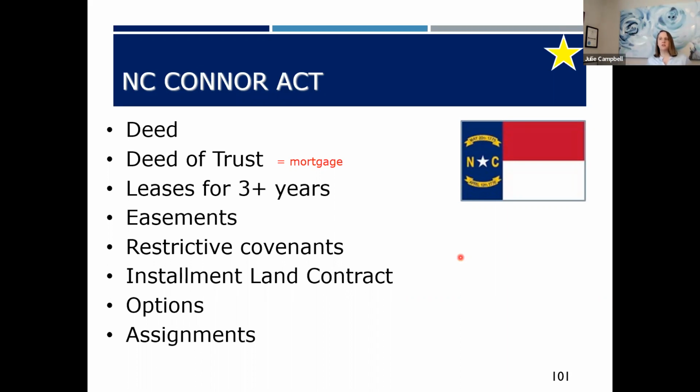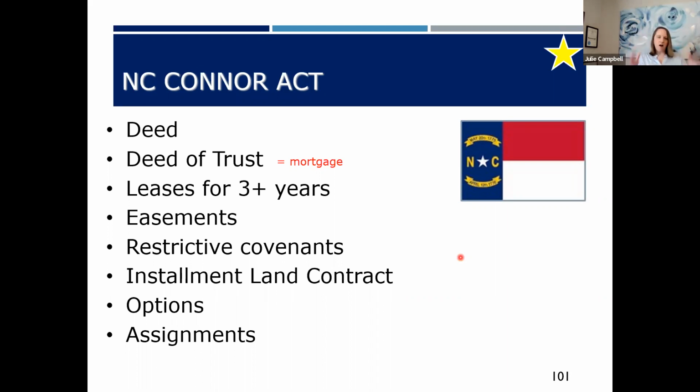And then assignments. If you're assigning something, you're just transferring your rights and responsibilities to somebody else. So if you're assigning, for example, an installment land contract, Connor requires the assignment of the installment land contract to also be recorded. Talking more about assignments when we get into contract law. So Connor doesn't just say record it.